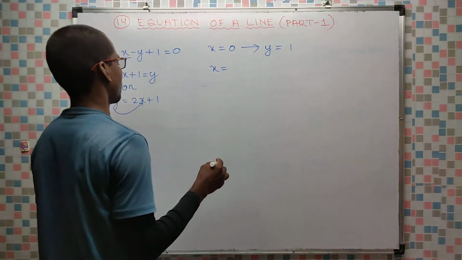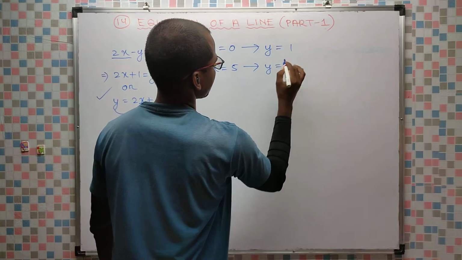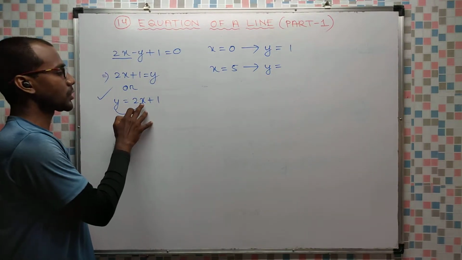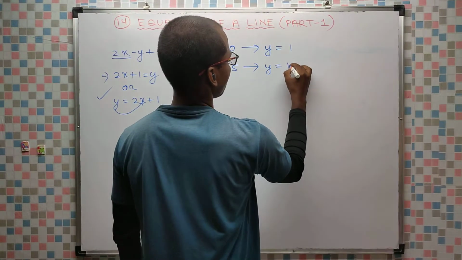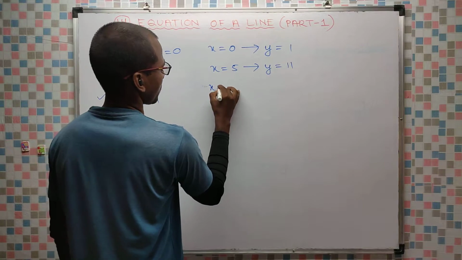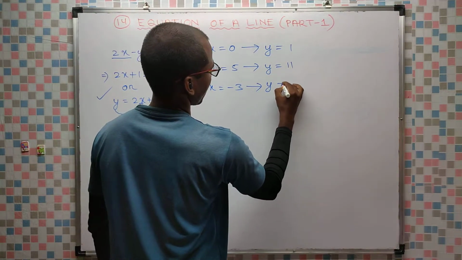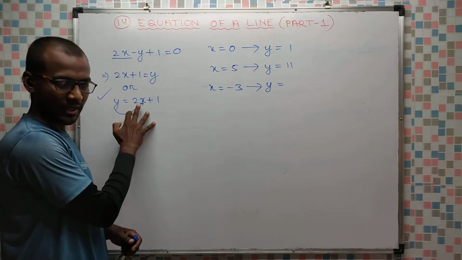Next take, suppose x is equal to 5. y is equal to 2x plus 1. So 2 into 5, 10 plus 1, that is 11. x is equal to, suppose randomly I will take minus 3. y is equal to 2 into minus 3, that is minus 6.